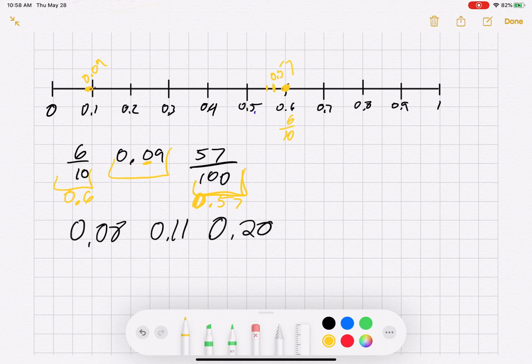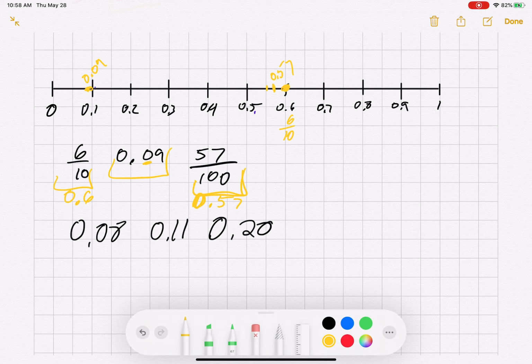Now, I want you to think to yourself, was it easier to put decimals or fractions on the number line? Because for me, I would take the fractions and change them to decimals because I find it much easier to put the decimals on the number line, but you might be different. So now I'm going to compare these.